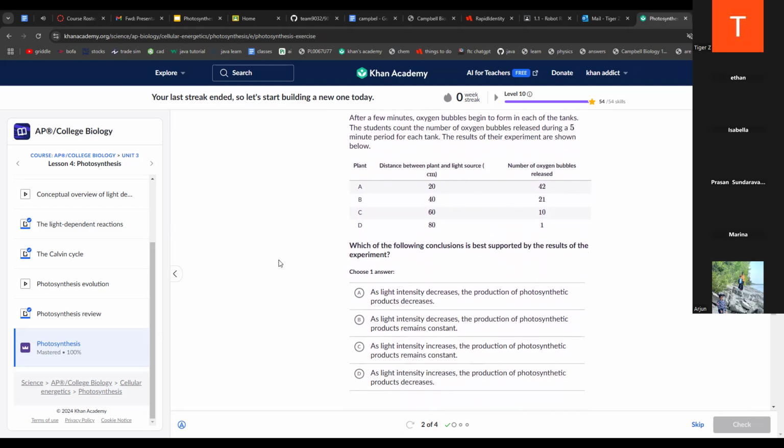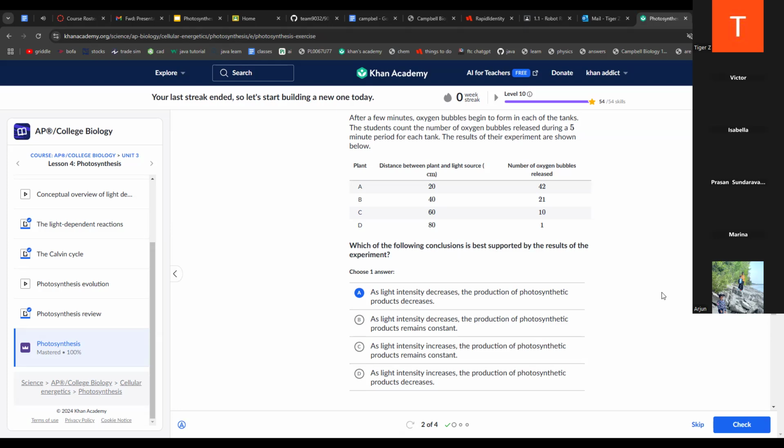Basically, as the distance between the plant and the light source increases, it releases fewer oxygen bubbles. So what does this imply about light intensity and the production of photosynthetic products? A. Yeah, exactly, A. Why?